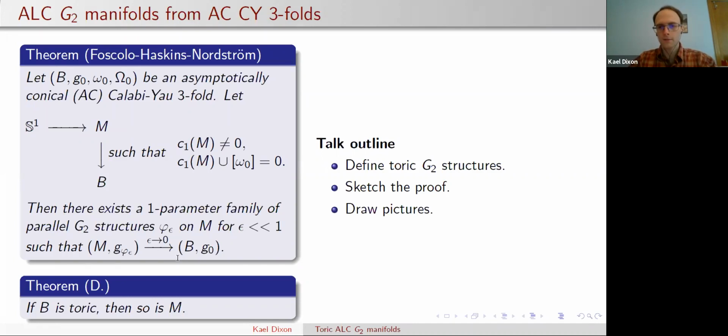So first I have to explain what that means for a G2 manifold to be toric, and then I'll give a little sketch of the proof to explain some of the ingredients involved. And then most of the talk is actually going to be to try to draw pictures for the multi-moment map. You get nice diagrams to explain how these work.